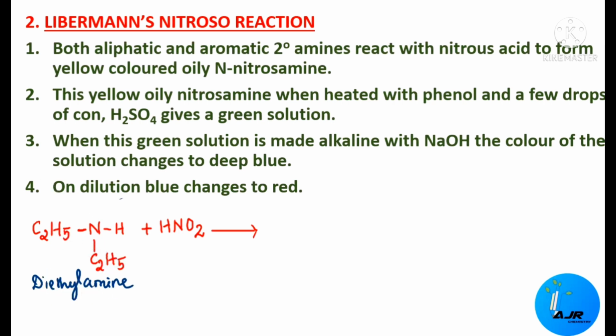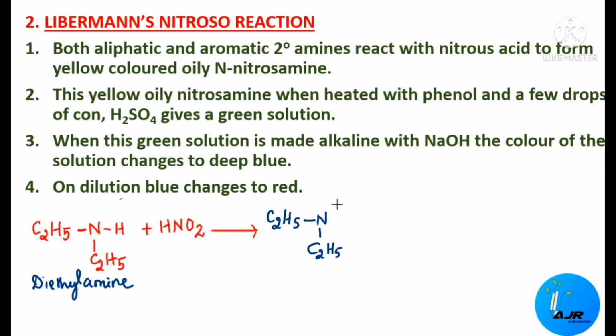So diethylamine. When this diethylamine is treated with nitrous acid, HNO2, which is nothing but nitrous acid, we get a compound, and it is a yellow colored compound. Let me write the compound now, C2H5 N, again here C2H5. What happens is, this oxygen combines with this hydrogen and this hydrogen and it forms water molecule.